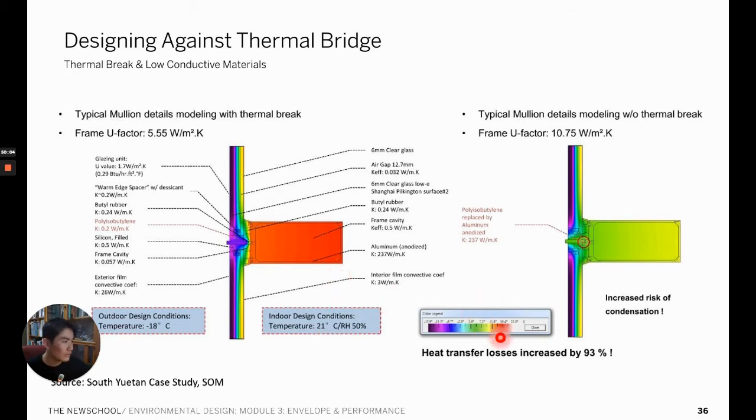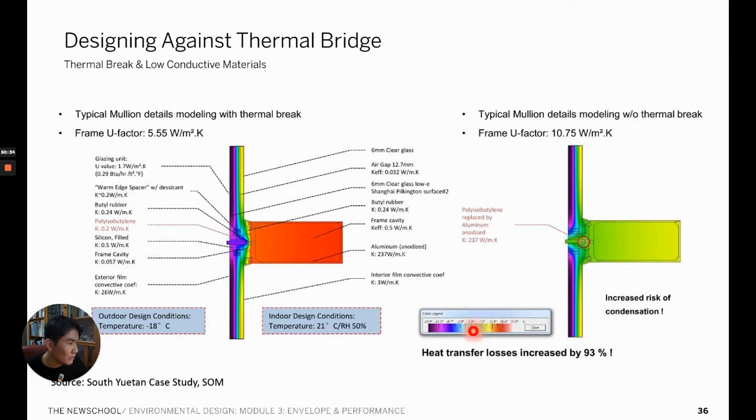If we look at the image on the right, which represents the design without the thermal break at the point where it should be, the geometry of the thermal break, which is a rubber material, is replaced by aluminum, and this immediately shows how much of the heat is transmitted through this little bit of hole.